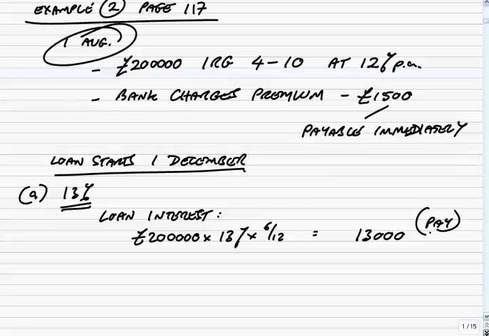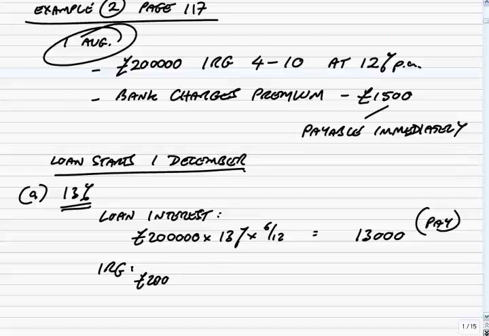However, we have this guarantee that it wouldn't be more than 12%. And so, similar workings to the FRA. Since it is more than 12%, we'll effectively claim on the IRG, and we'll get back that extra 1%.